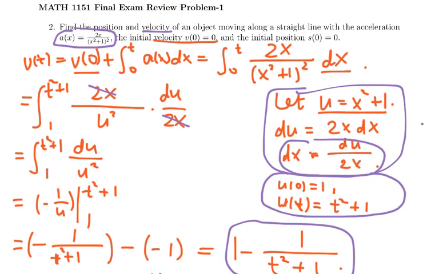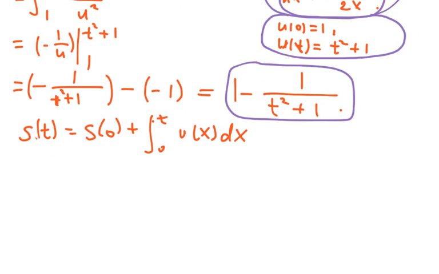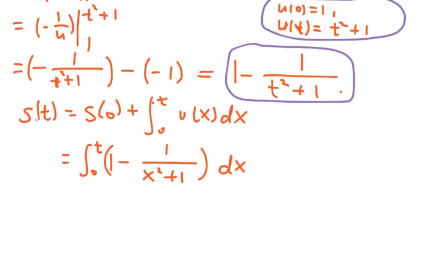If we look at the problem, we see that the initial position s0 is equal to 0, so we only have the integral from 0 to t of 1 minus 1 over x squared plus 1 dx. Again, because t is just a dummy variable, we can replace t by x.